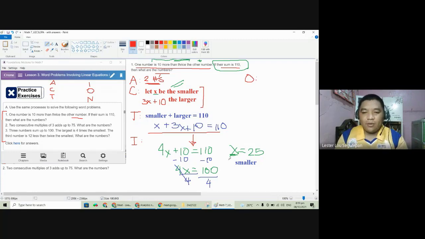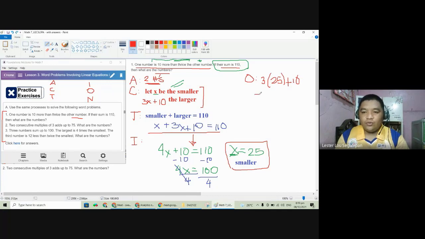So since we have the smaller and we are asked about both numbers, we are going to use this value to get the larger number. And since we have represented the larger number as 3x plus 10, let's use that to get the larger number. In short, you'll have 3 times 25 plus 10.